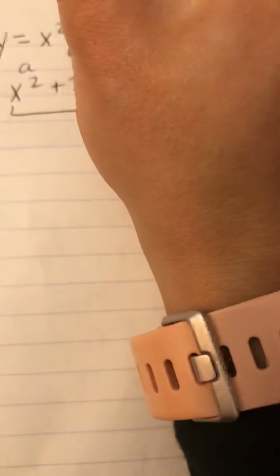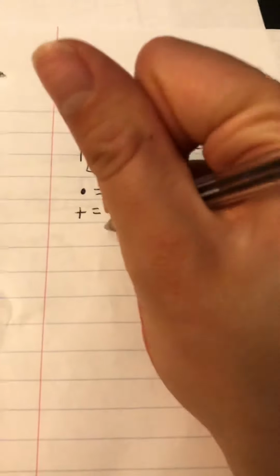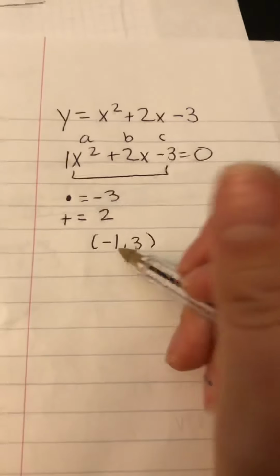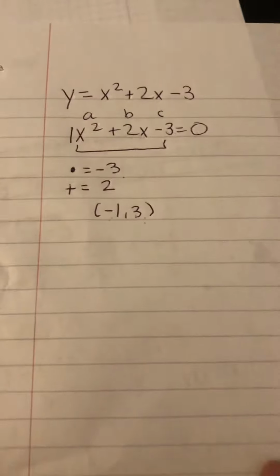I need two numbers that when multiplied, a times c, and a is 1, so a times c is -3, give me -3, and when added give me 2, because I need to add up to my b number. Those numbers will be -1 and 3, because -1 times 3 is -3, and -1 plus 3 is +2.